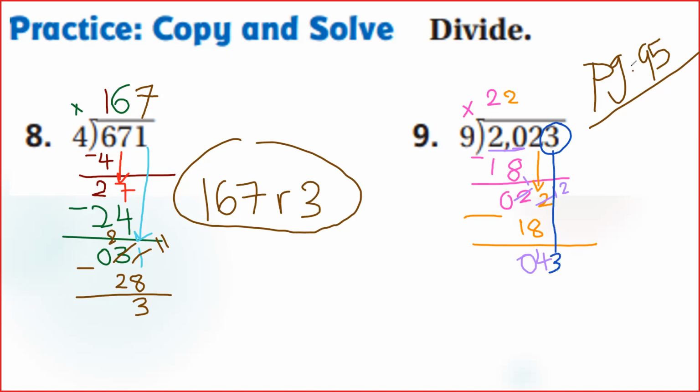Yalla, now what's the number that you multiply by 9 to get 43 or close to 43? 36, which is 9 times 4. Yes, that's it. And what is the remainder now? 7. So how can I write the answer now?